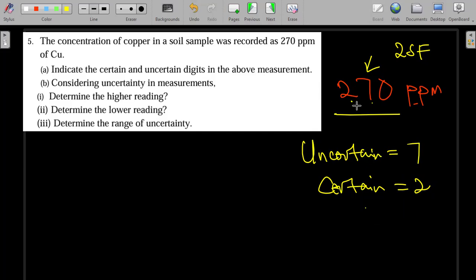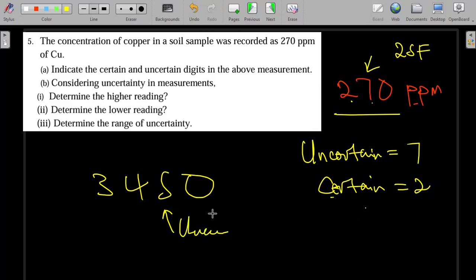It can be one, like in this case we have 2, or there can be more than one. So if I wrote a number like 3450, this 5 here is uncertain because it's the last significant number in the number we've been given, and then this 3 and 4 will be certain digits. So always look out for the decimal point there, because sometimes they can just write it differently, or let me use the same one, this one here.